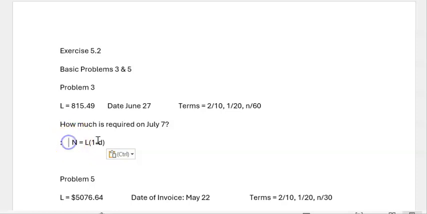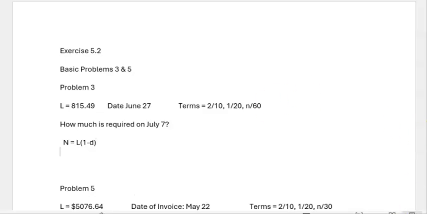N equals our list price, $815.49, multiplied by 1 minus our discount percentage. So what is the discount percentage?